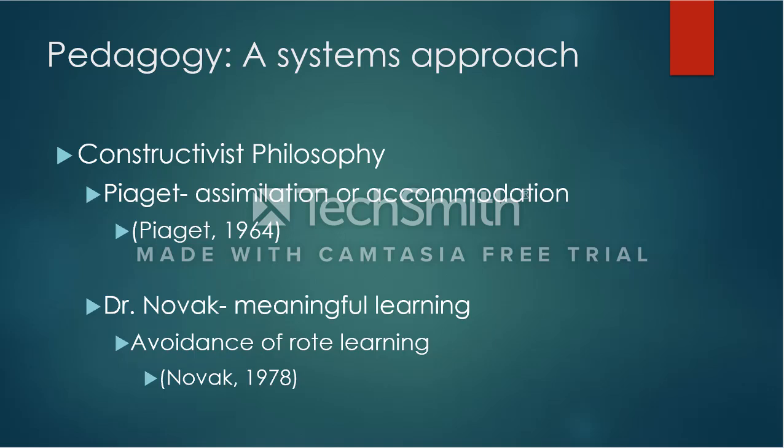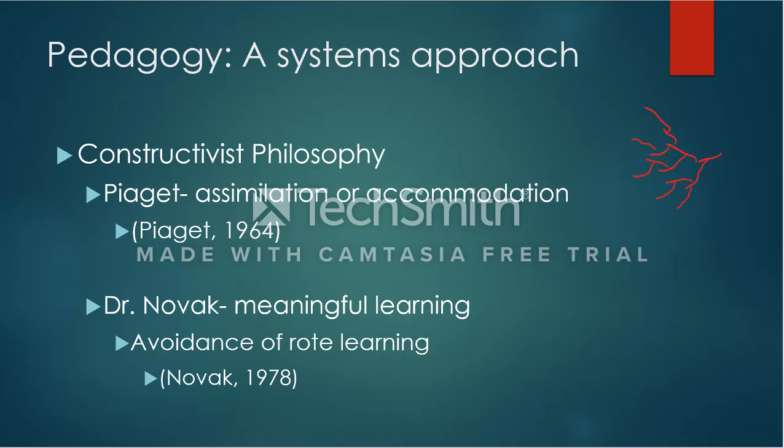Piaget believed in assimilation and accommodation. Assimilation means to Piaget that when you are learning, you're kind of constructing a tree in your mind, and then when you learn a new piece of information that just extends a branch, that's assimilating. You're growing your tree of knowledge.